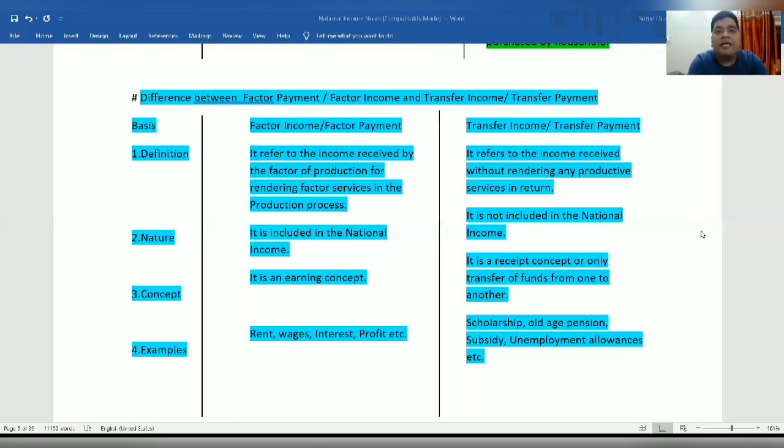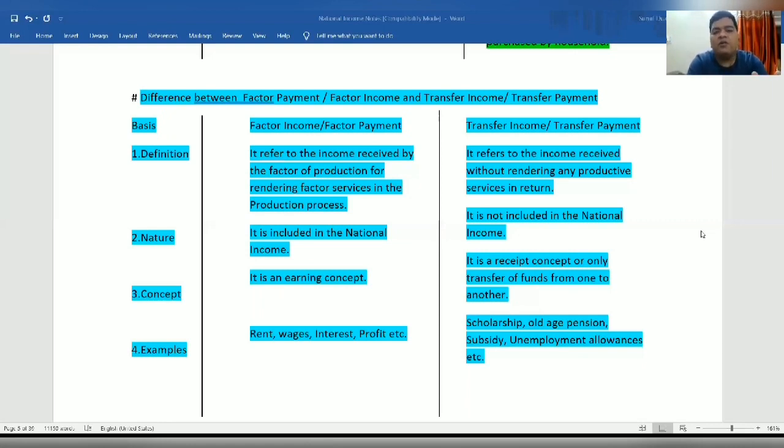When we are getting any gift or we are giving a gift to someone, we don't expect the person to return something to me. So basically it's a one-sided payment. These are called your transfer income or transfer payment.